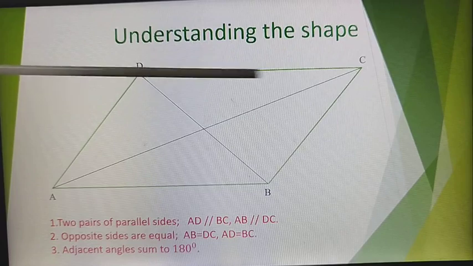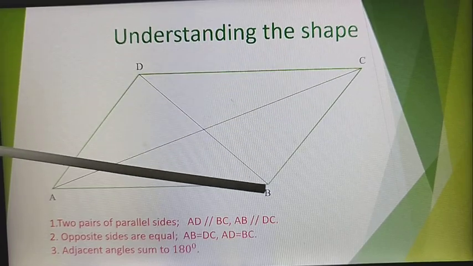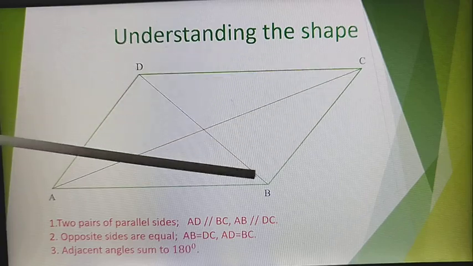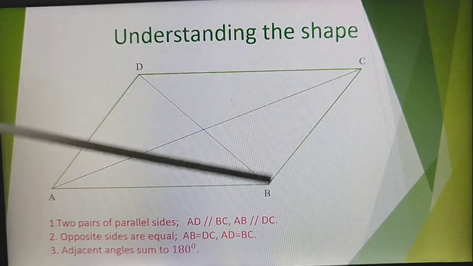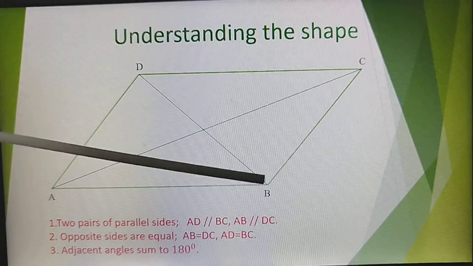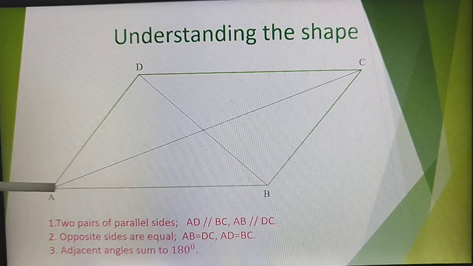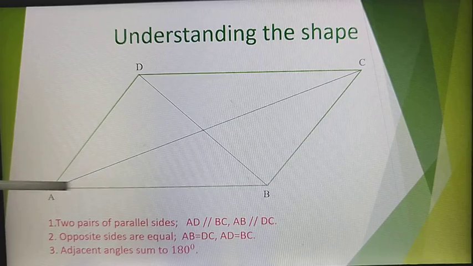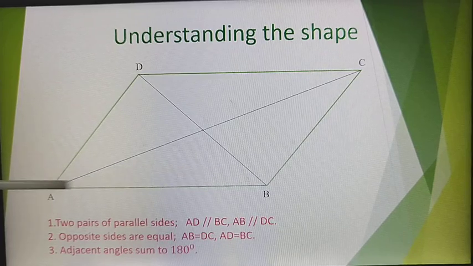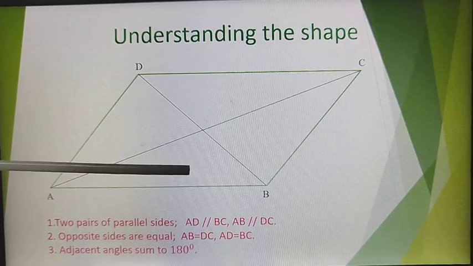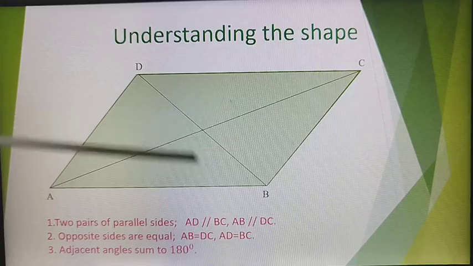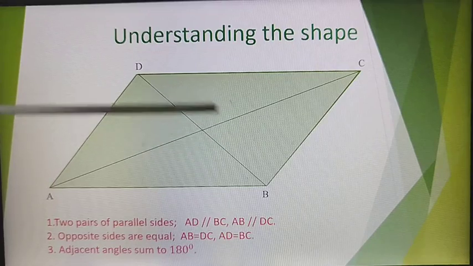They sum to 180 degrees. Angle B and angle C are also adjacent. They are also supplementary angles. They sum to 180 degrees. And lastly, angle A and angle B are also adjacent angles. They are supplementary. They sum to 180 degrees. Okay, so this is the area that we are going to be looking at.